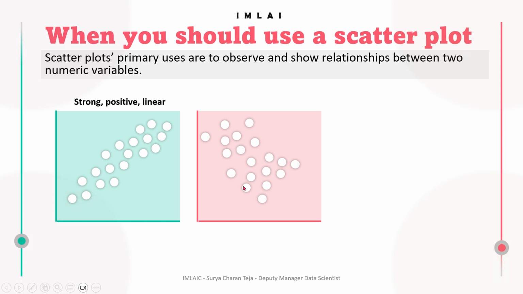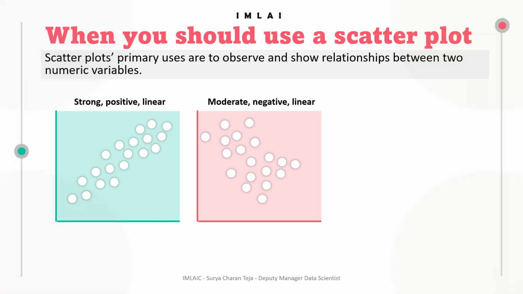As it goes to the right side, y is coming down. Because of that, and since these data points are not closely packed, although they look linear, we call them moderate, negative, linear. Okay.